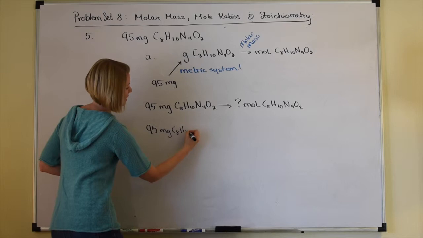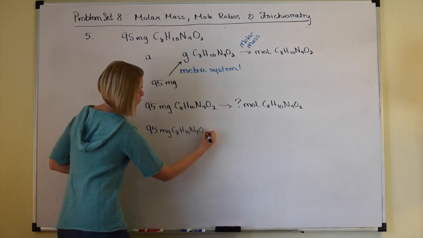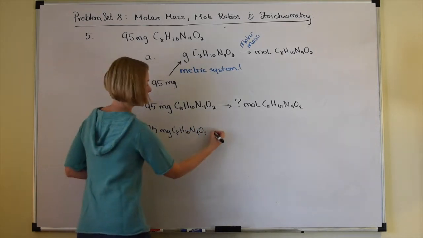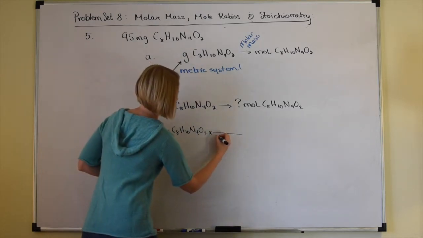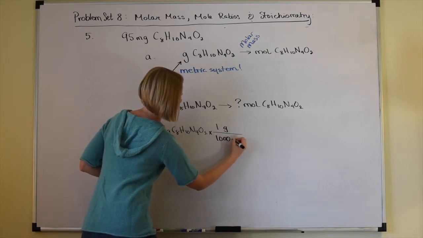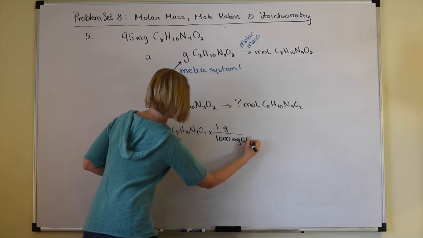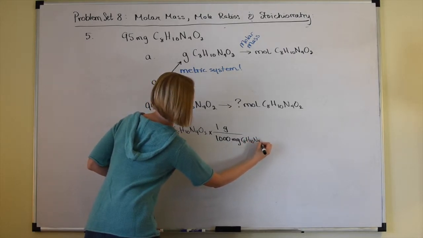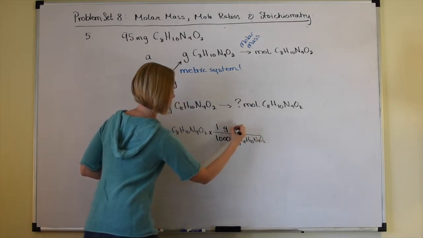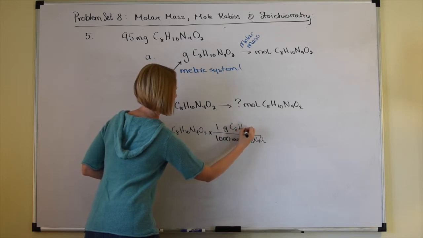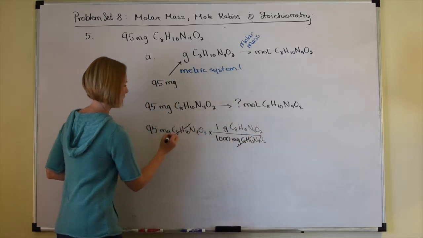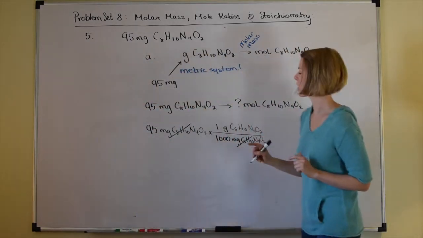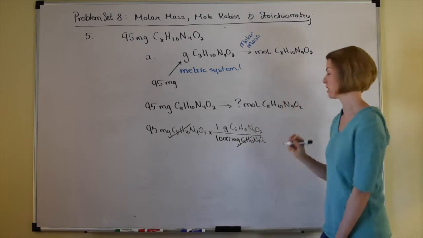And I know it is tedious to write this over and over and over again because it's a long molecular formula, but it is good note keeping, and I do recommend you do it, okay? And in every 1 gram, there are 1,000 milligrams. All right, so we just converted into grams of caffeine by dividing by 1,000.